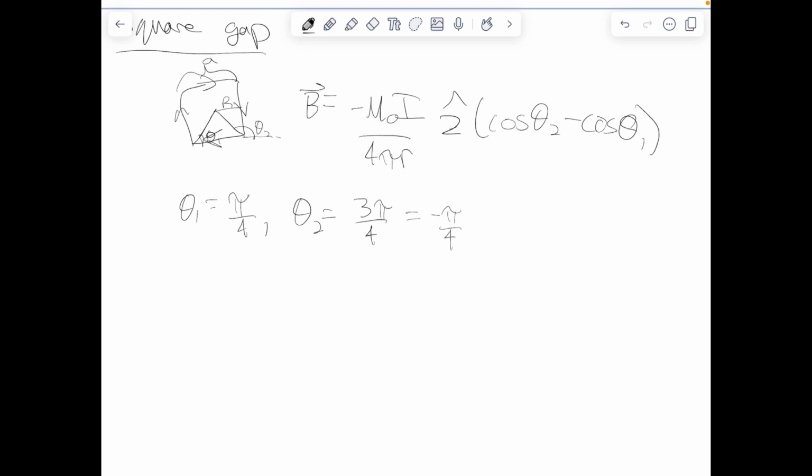Finding the cosine values for those thetas, cosine of theta 1 equals root 2 over 2, cosine of theta 2 equals negative root 2 over 2. So cosine of theta 2 minus cosine of theta 1 equals negative root 2 over 2 minus root 2 over 2, which just equals negative root 2.